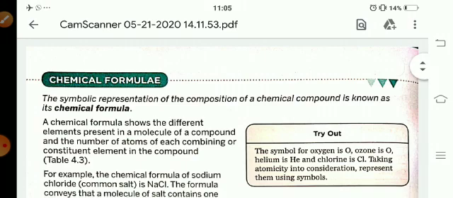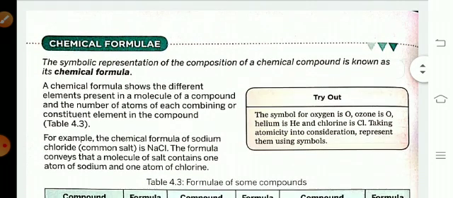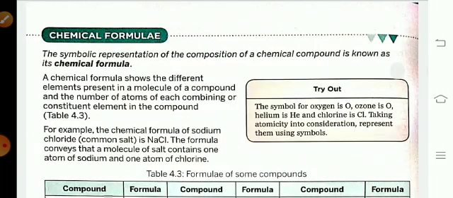The symbolic representation of the composition of a chemical compound is known as its chemical formula. A chemical formula shows the different elements present in a molecule of a compound and the number of atoms of each constituent element in the compound.